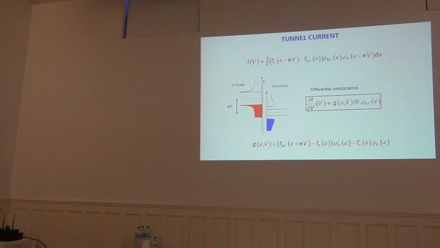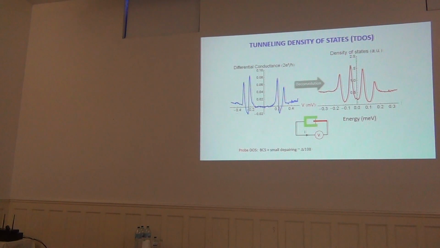In this case, when one measures the differential conductance with the superconducting probe, there is a convolution between the density of states that one wants to measure and a function which depends on the energy and the voltage. This function has all the Fermi functions, etc. So here we can measure the dI/dV using this superconducting tunnel probe, and we can deconvolve to obtain the density of states.